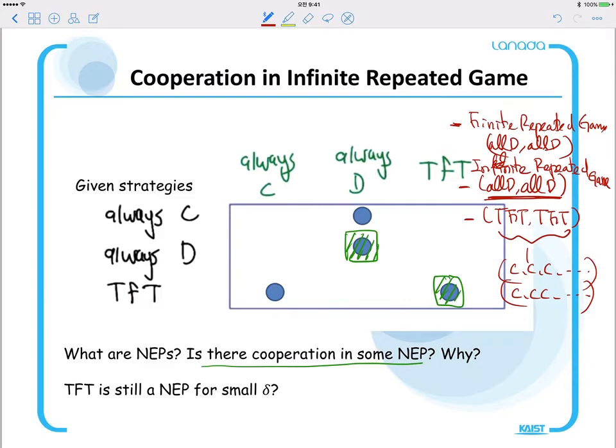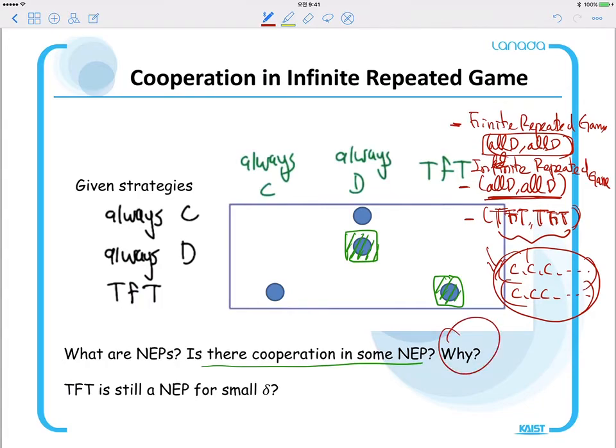Because in the finite repeated game, there's no cooperation because everybody is due to defect. But here in the infinite repeated game, we have a Nash equilibrium which has total cooperation as an outcome, which means the T for tat strategy and T for tat strategy.